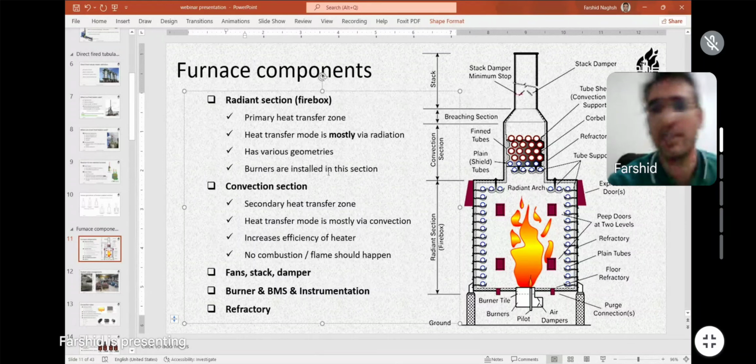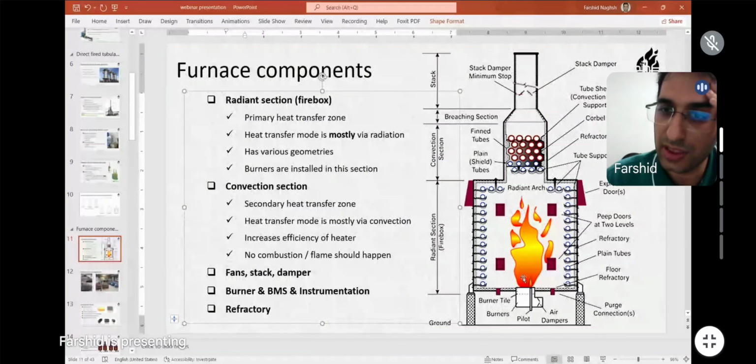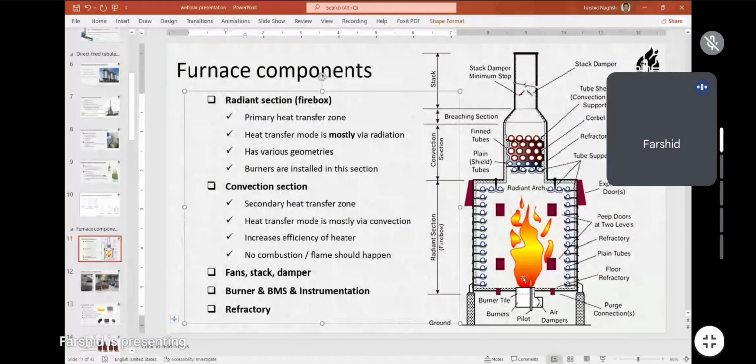First of them is radiation. What kind of radiation? Consider a burner here. The burner combusts fuel, and the products of combustion are flue gas. The flue gas is released inside the firebox.